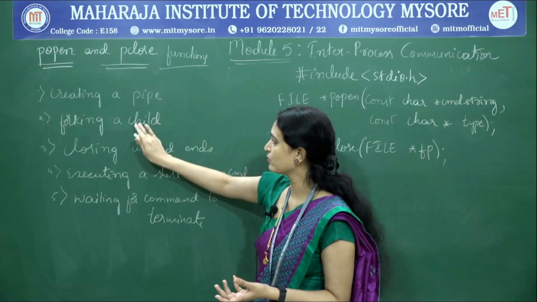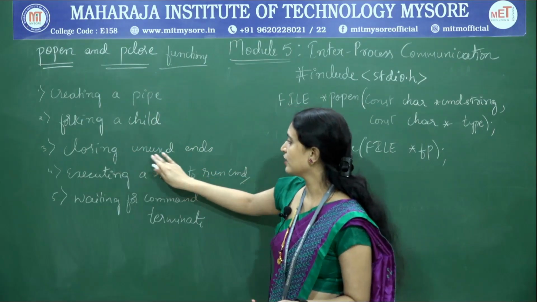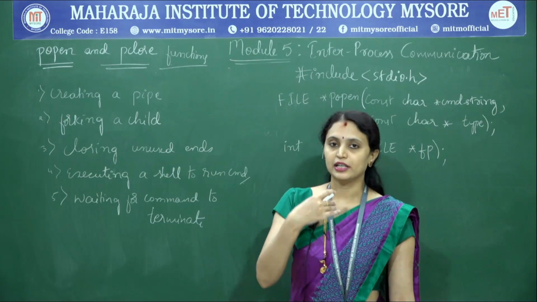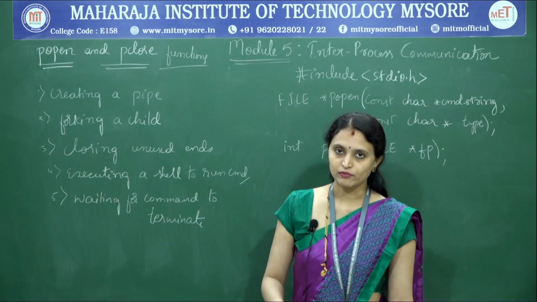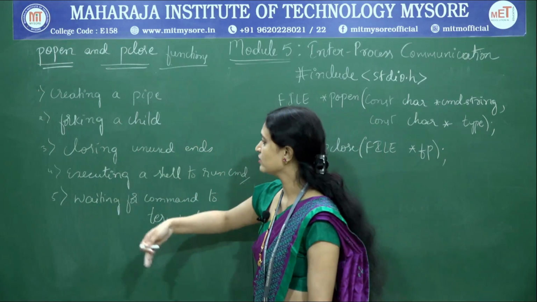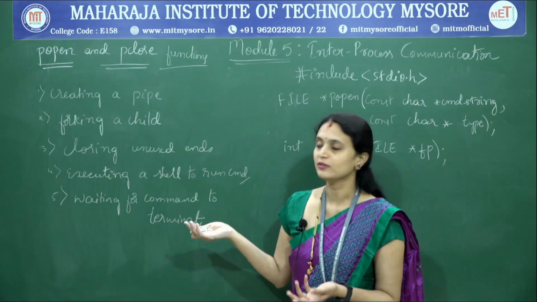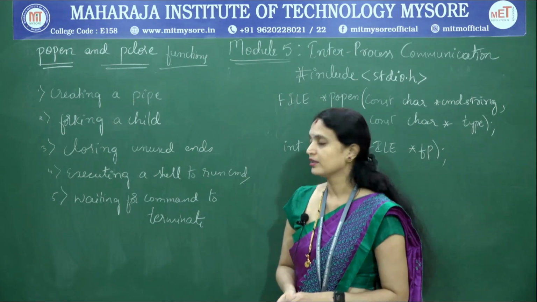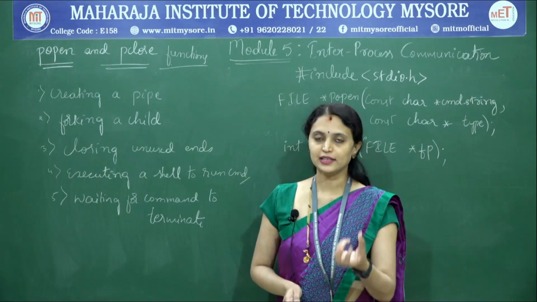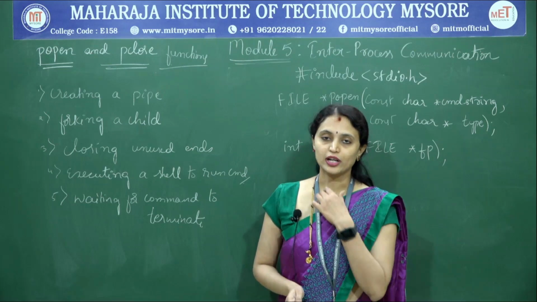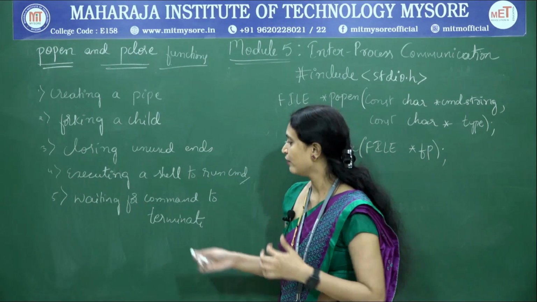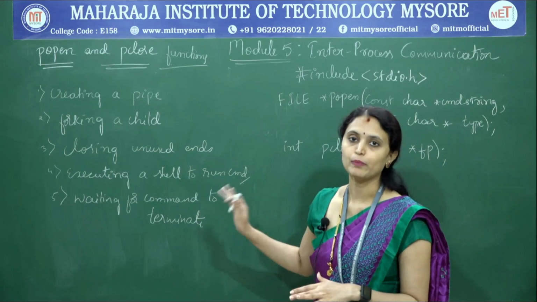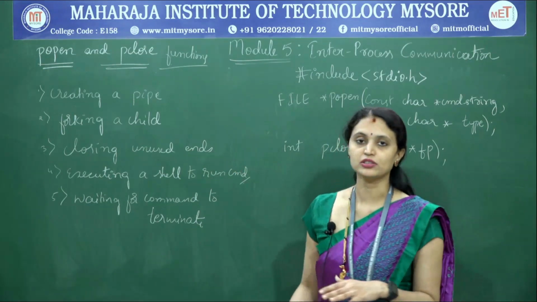Then closing the unused ends of the pipe, like we disabled the reading end of the parent process. Same way, by using these functions we are closing the unused ends of the pipe and then executing a shell to run the command, and then waiting for the command to terminate. All these actions will be performed by only these two functions.